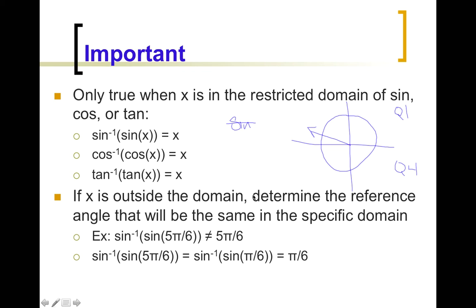We can say that the sine of 5 pi over 6, what we're doing here is rewriting this, is the same thing as the sine of 1 pi over 6, so we can replace it and now make a true statement in the composition. So the sine inverse of this thing is equal to pi over 6. So that means the sine inverse of the sine of 5 pi over 6 is equal to pi over 6.